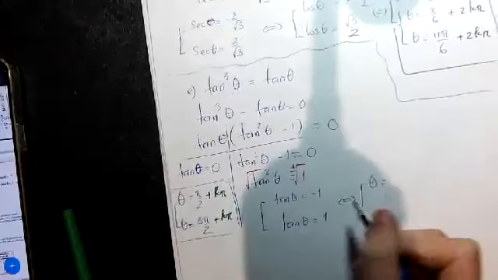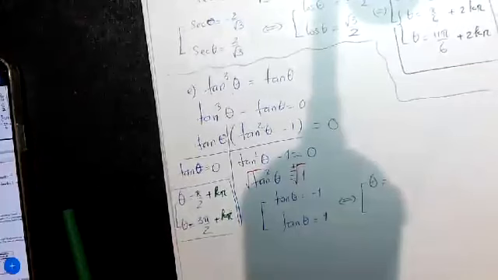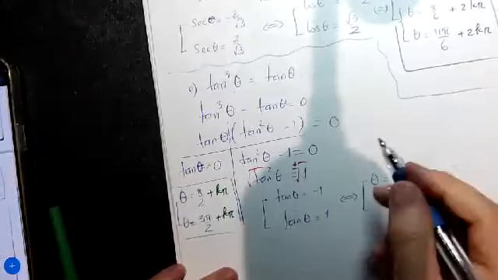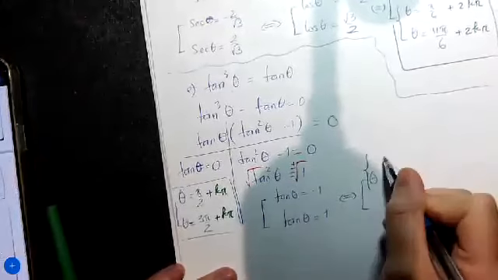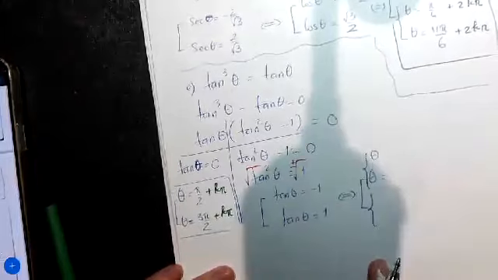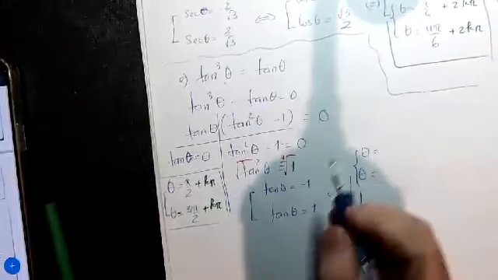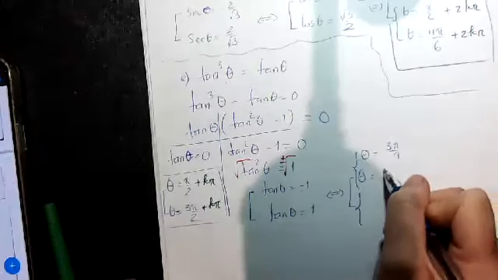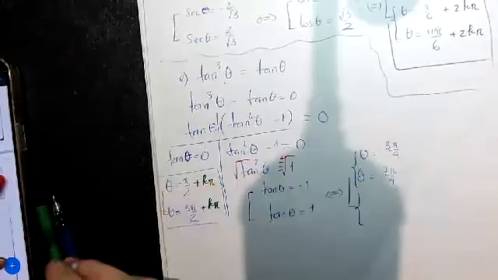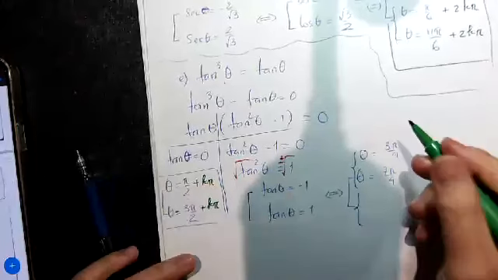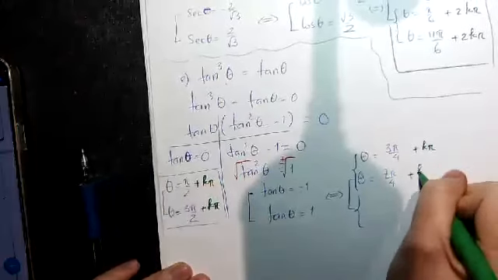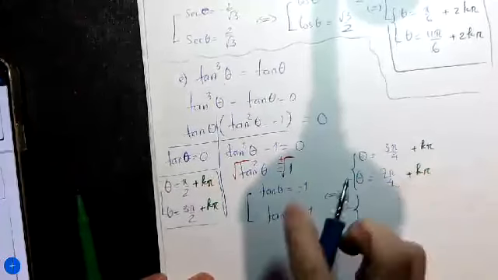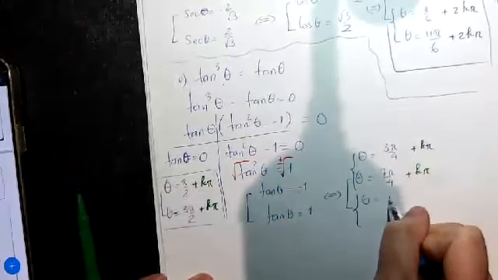If it's negative 1, then theta must be either 3 pi over 4 or 7 pi over 4. You look it up in this. Second, the positive case is going to be pi over 4 and 5 pi over 4.